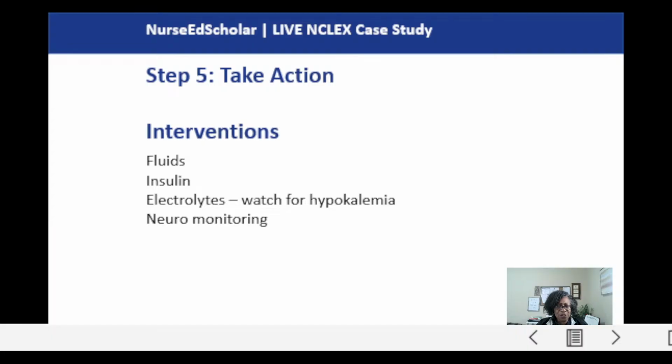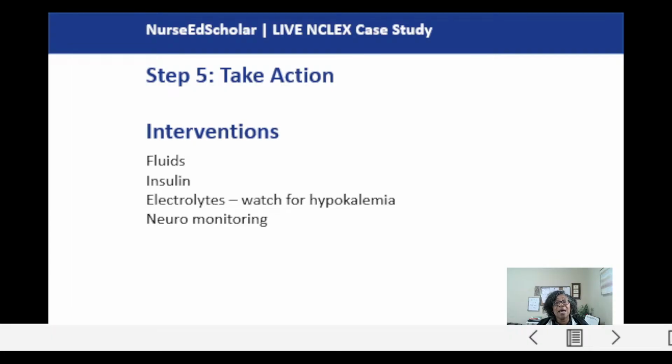So let's repeat it one more time. Your patient has HHS. We are going to give fluids first. We're going to restore perfusion. We're going to improve that kidney function. Second, we're going to give insulin and bring that glucose down safely. We are going to watch out for their electrolytes, and that's so important with labs. Your patient in the hospital is going to get labs.